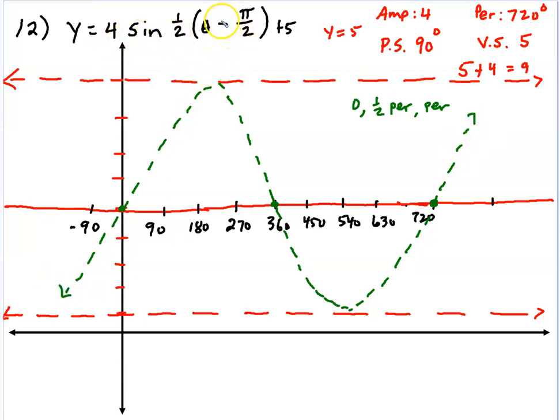But we need to show that it's being shifted basically 90 degrees to the right. So all my points, we'll start here, 90 degrees. And we'll go out to 810.